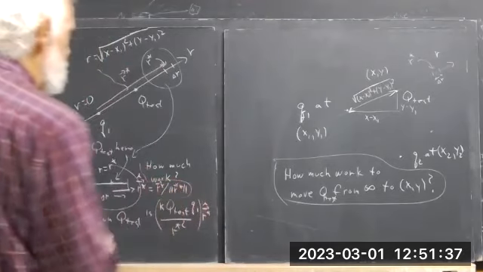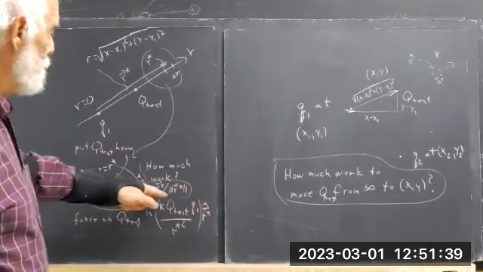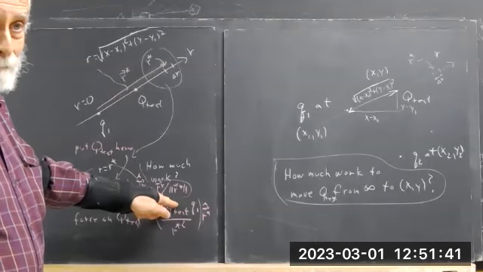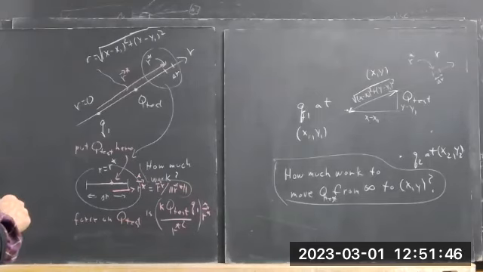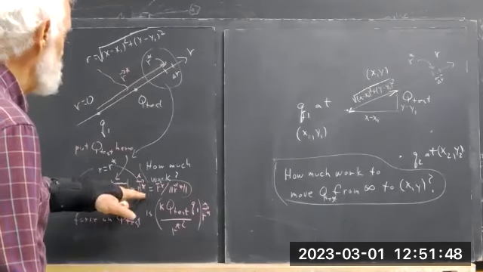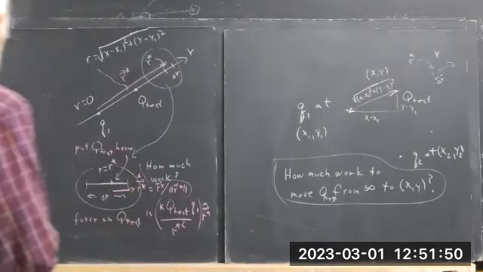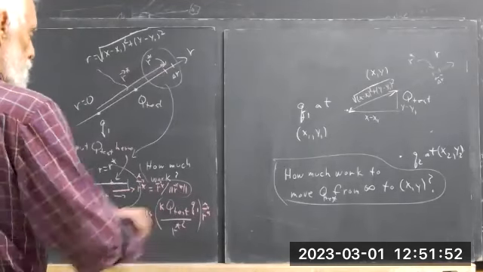I've written it kind of small, but this is R star divided by its magnitude. Unit vector. Okay, so there's my R star hat. There I have it.